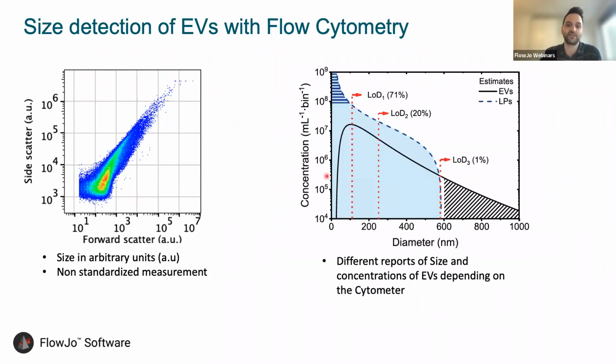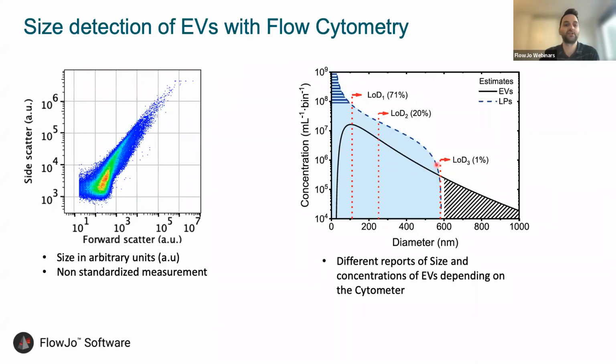A second concern has to do with the different cytometers on which we can run the same sample, and the variability in reports. Using cytometers with different limits of detection will generate different reports concerning the diameter of the particles that were detected, as well as the concentration. You can see that in the figure, where three different cytometers with three different limits of detection will generate different reports.